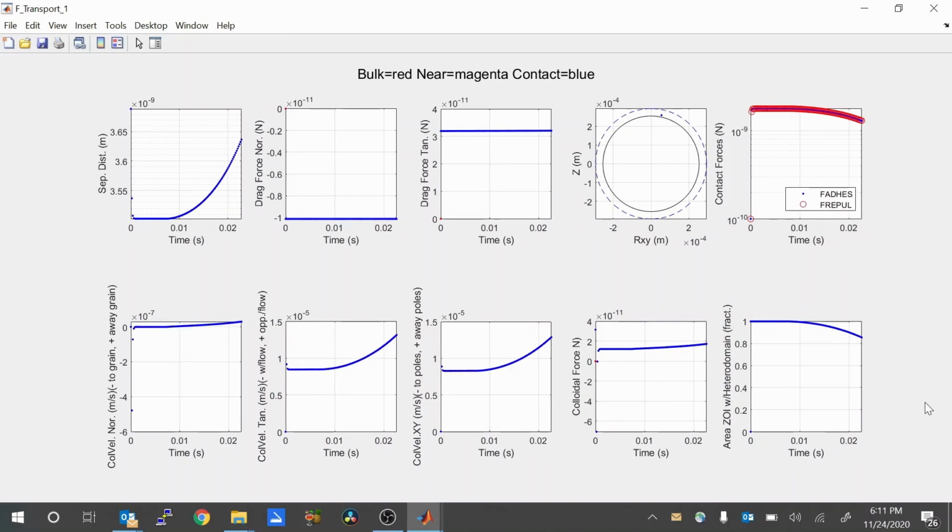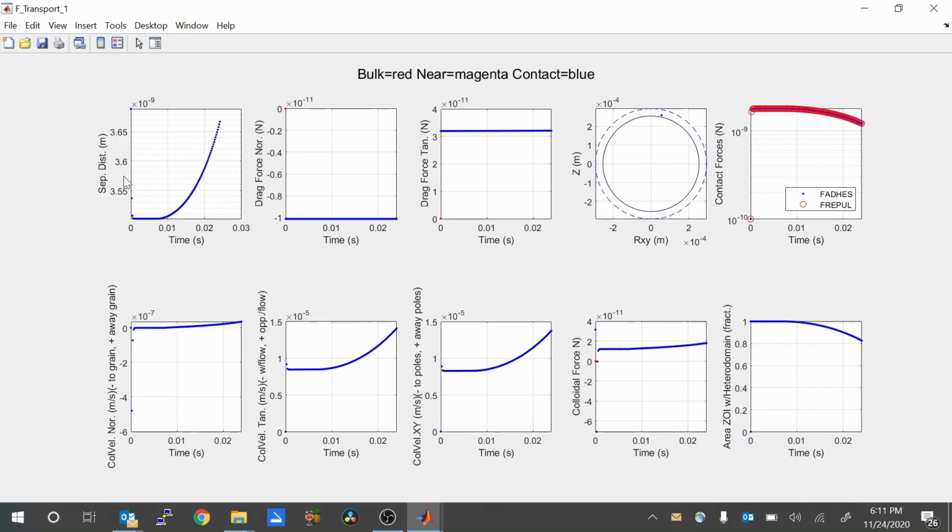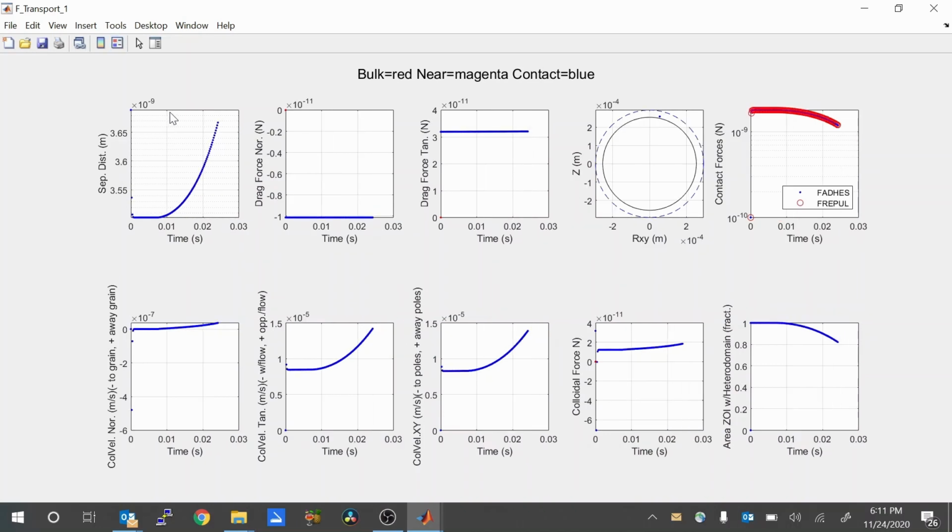Okay, so the fraction of the zone of interaction occupied by heterodomain is approaching now just 80%. And with that, the separation distance has increased. Now look at these numbers, right? We're talking about 0.1, maybe going up to 0.2 times 10 to the minus 9th meters, which is 2 angstroms.